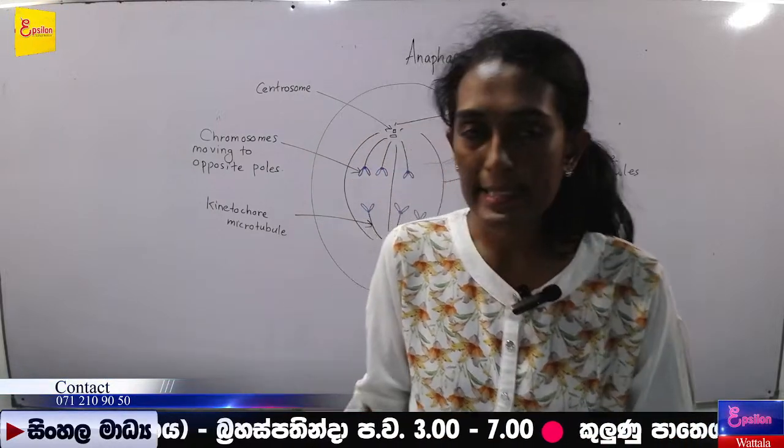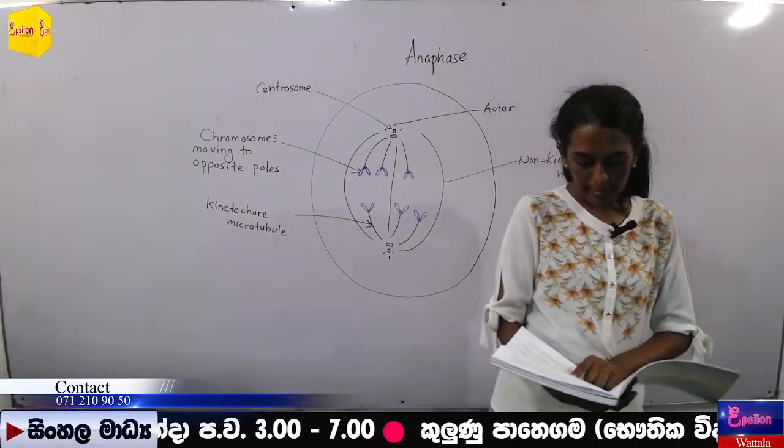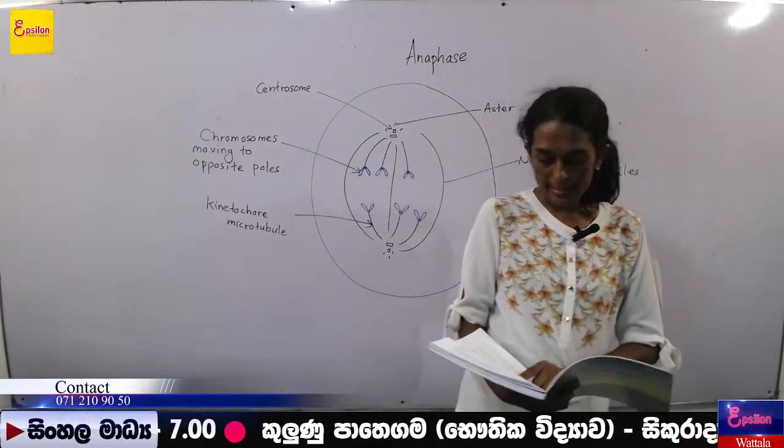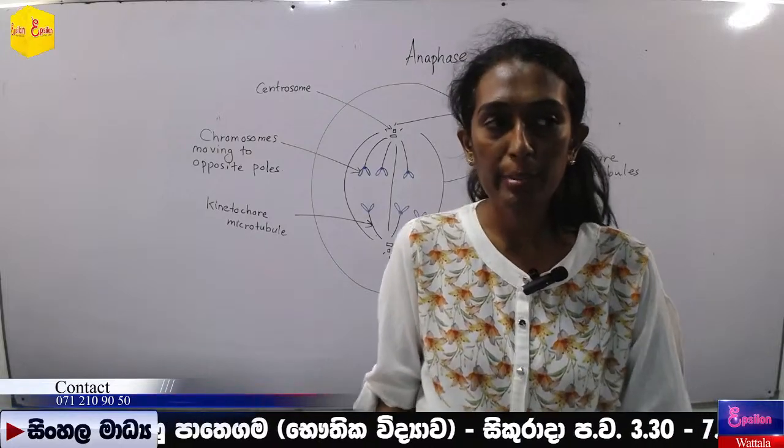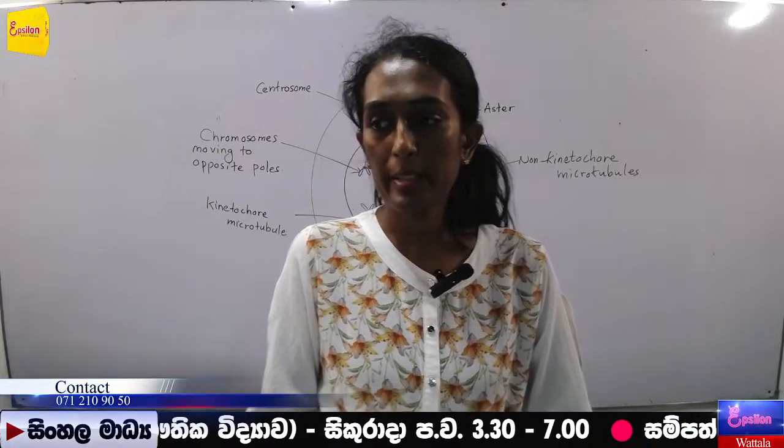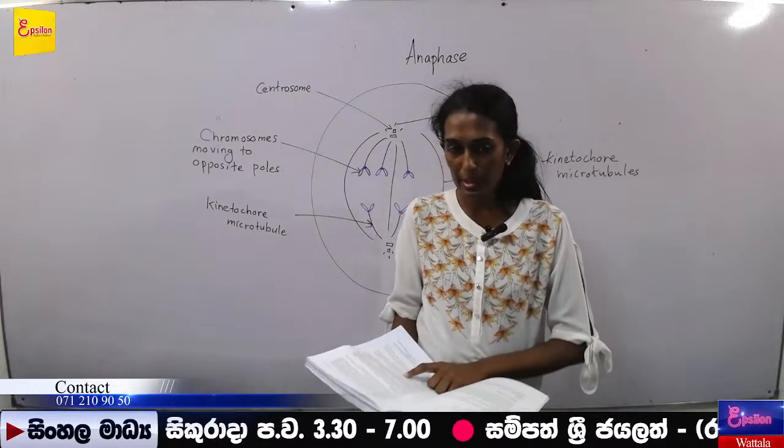Next one, sister chromatids are separated at the centromere.